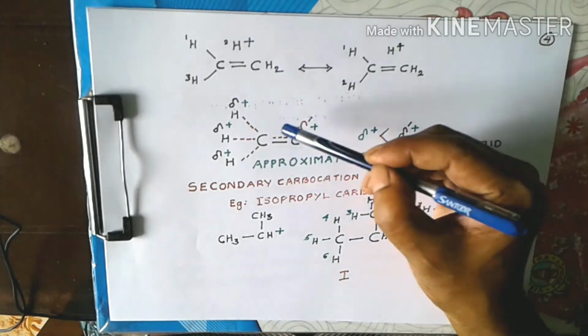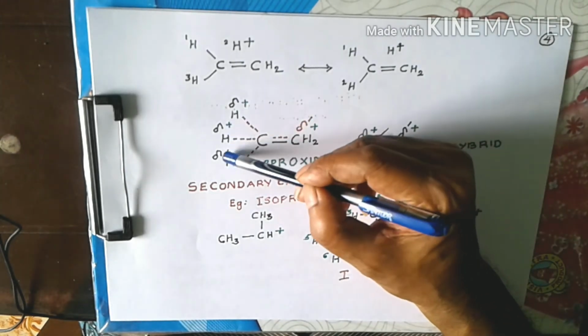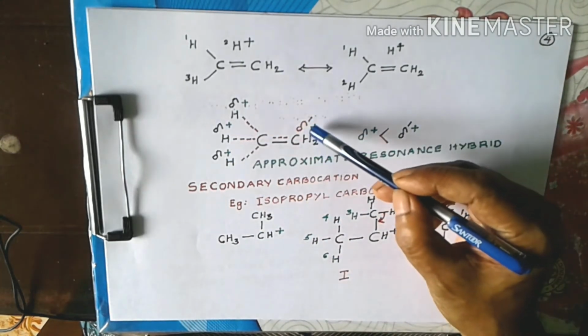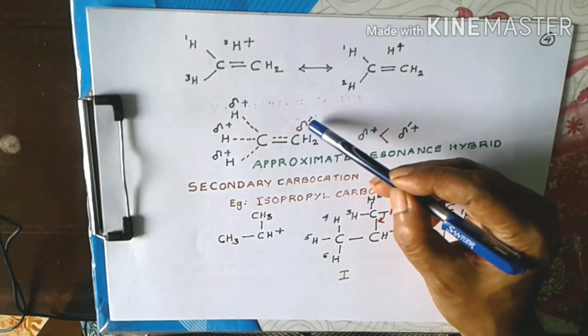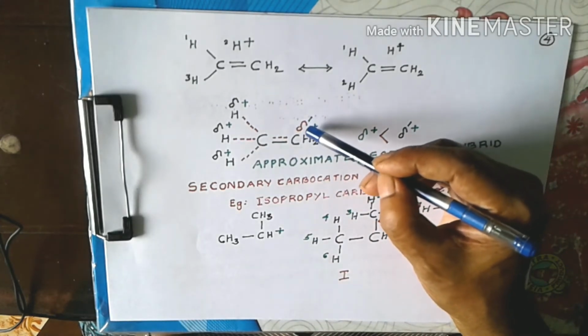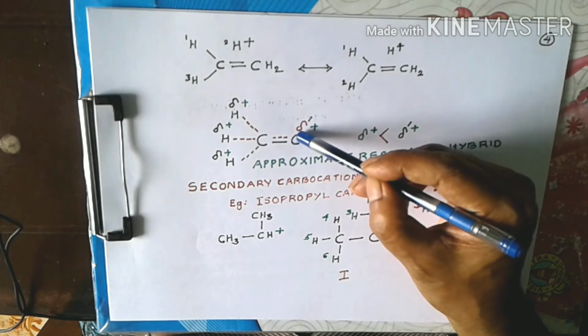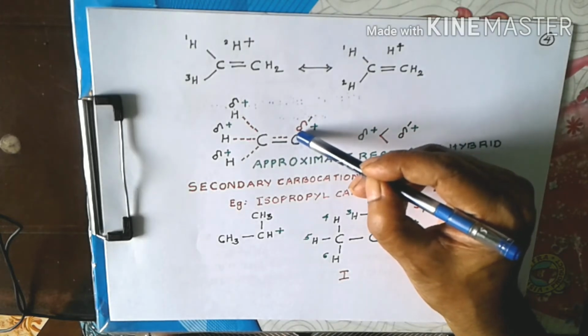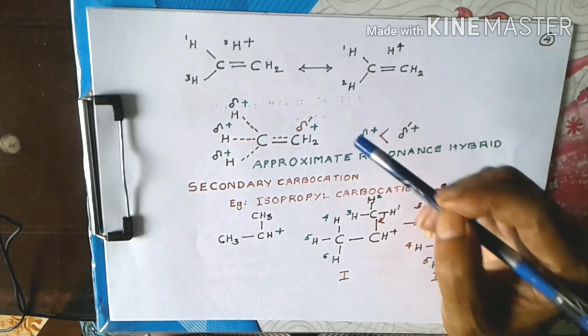Now here the delta positive charge carried by hydrogen and delta dash positive charge carried by carbon are not equal. Most of the charge is centered over carbon 1, which was originally connected to chlorine.